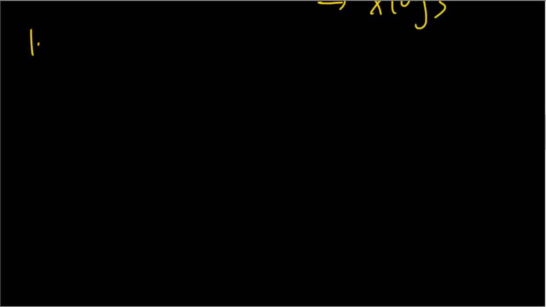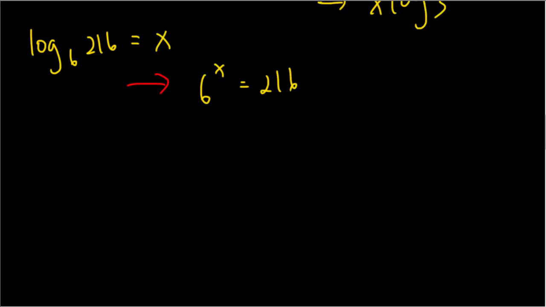For example, if I have log base 6 of 216 and I want to know what my power is, I need to solve this. First, I convert this into the equivalent statement, which is 6 raised to what power will give me 216. If we log both sides, log of 6 to the x equals log of 216.